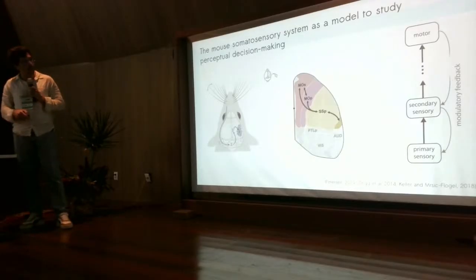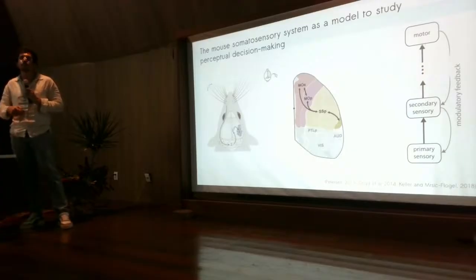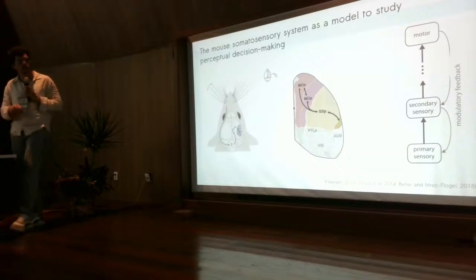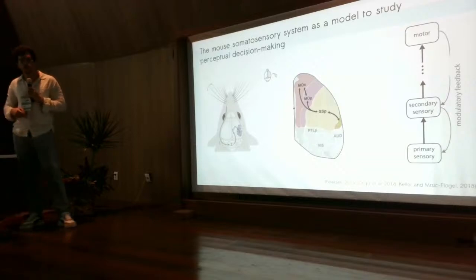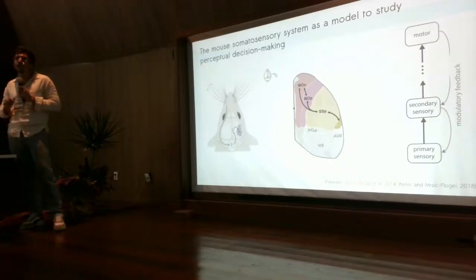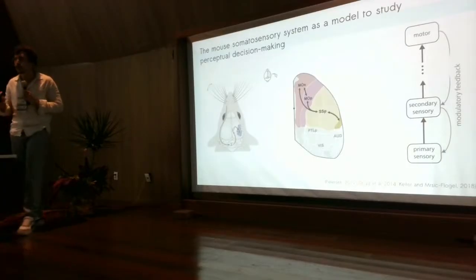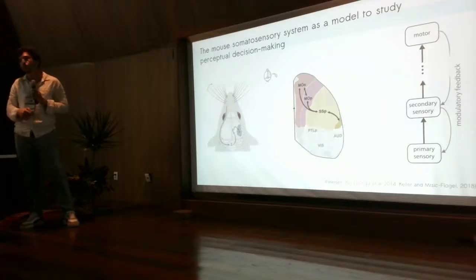There is an accumulation of evidence process going on in the system until the decision is made. Now this model is a simplification. The thing is way more complex than that, but it's not necessarily wrong.